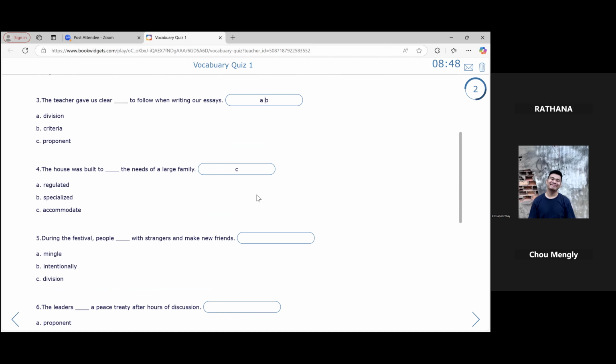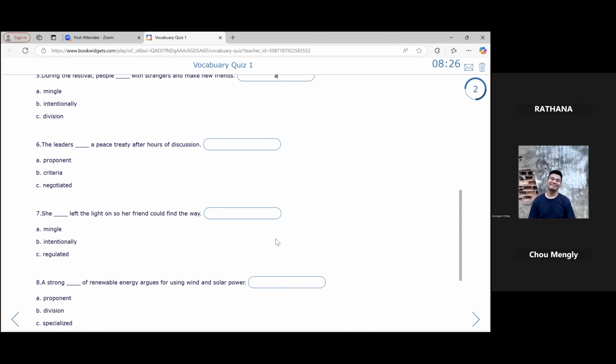Number 5, during the festival, people, I think A, meet together. In university, people meet strangers and make new friends, because A means meet together.